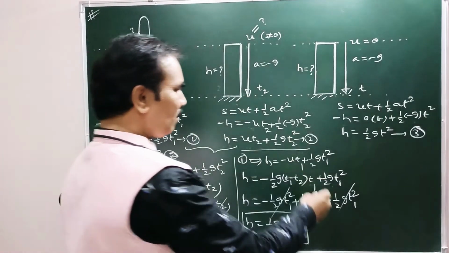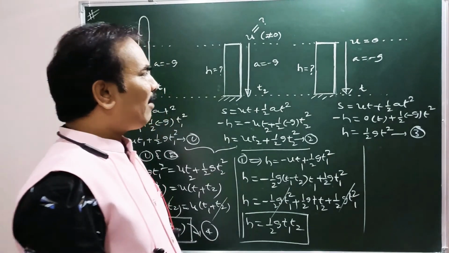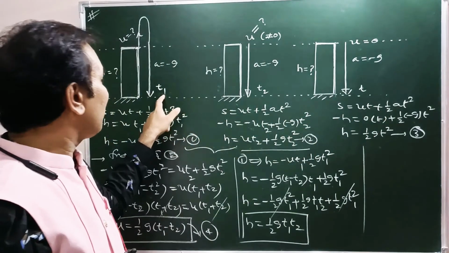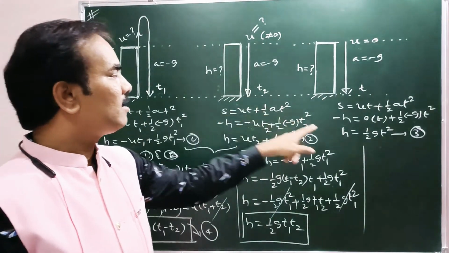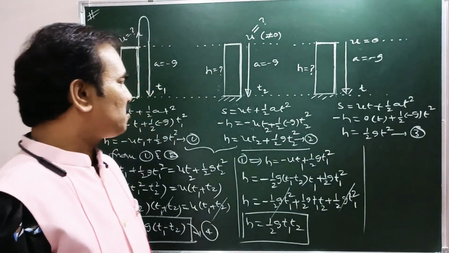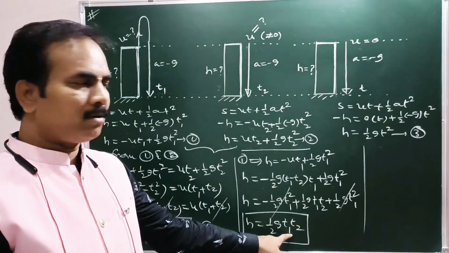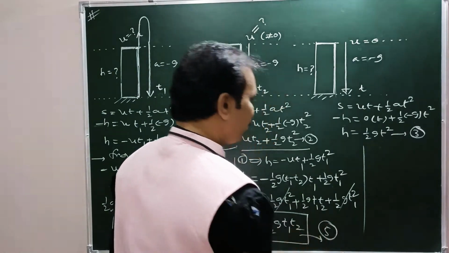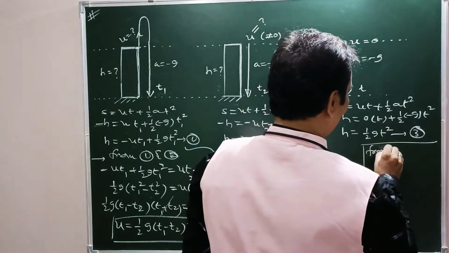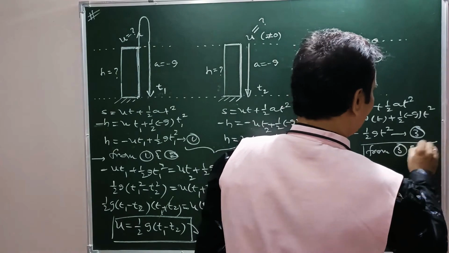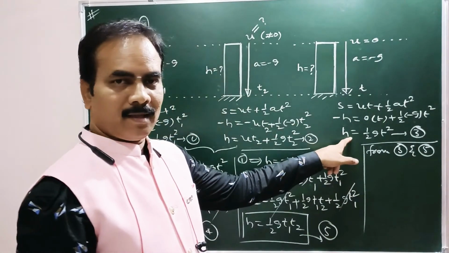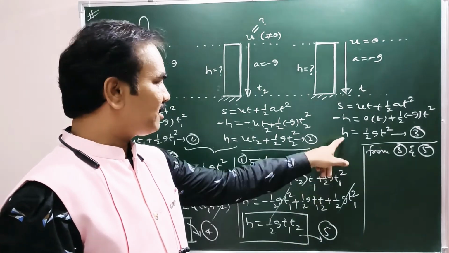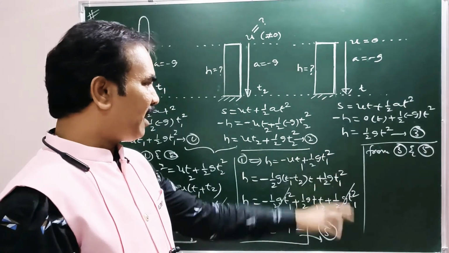Now coming to here, I want to know the time taken by the third freely falling body in terms of t1 and t2. How to find? See here, h equal to half g t square, and here h equal to half g t1 t2. Equate these two. From 3 and 5, h remains the same, so half g t square equals half g t1 t2.